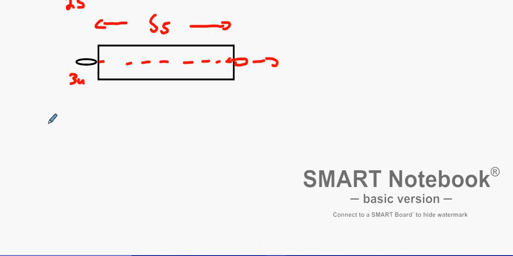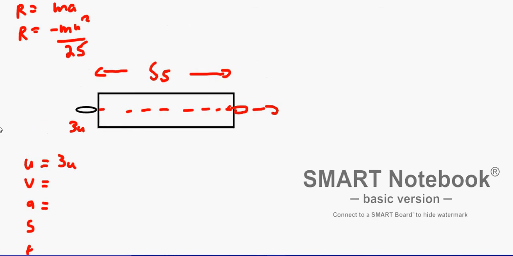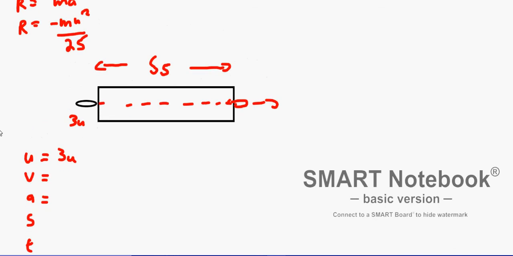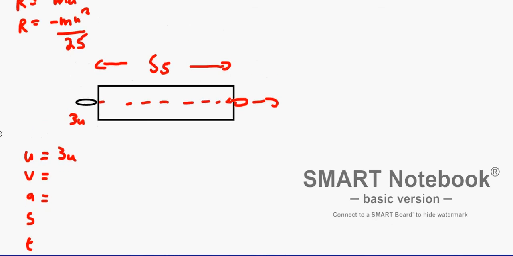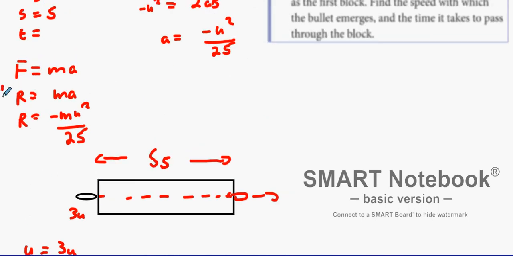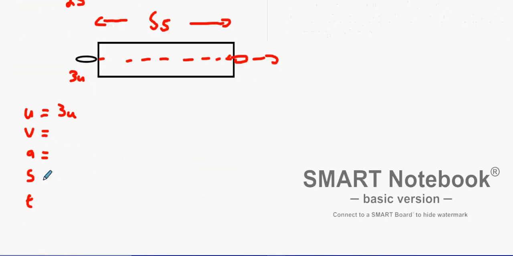What we have is UVAST. U is 3u. V value we don't know. A value we know because it's the same consistency as the last one. So it's the same deceleration as the last block, provided, so that's minus u squared over 2s, which is handy to know.